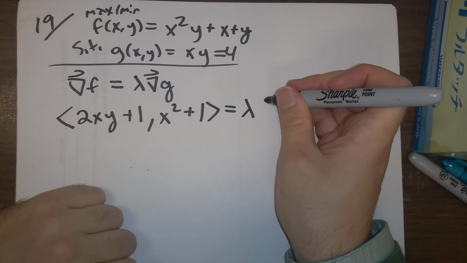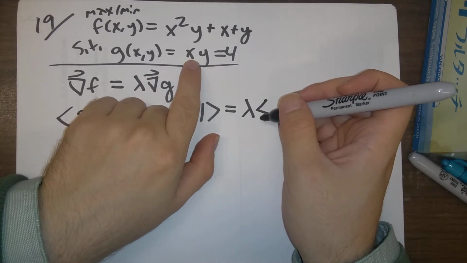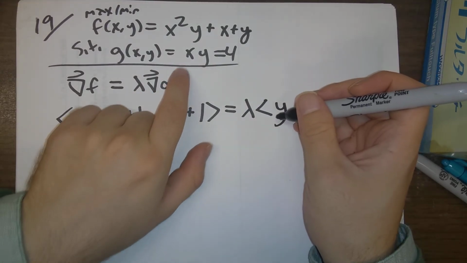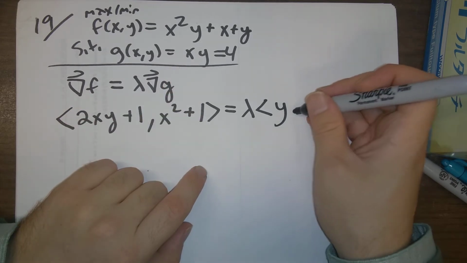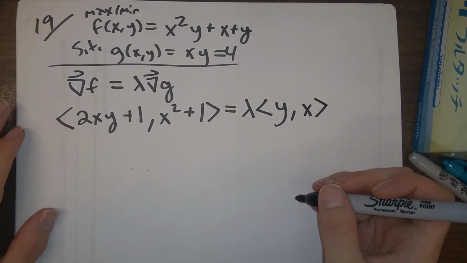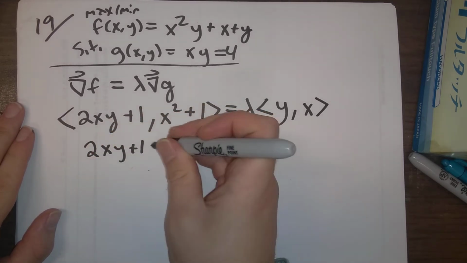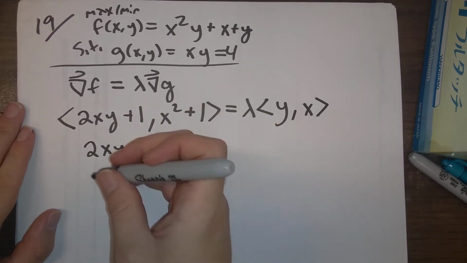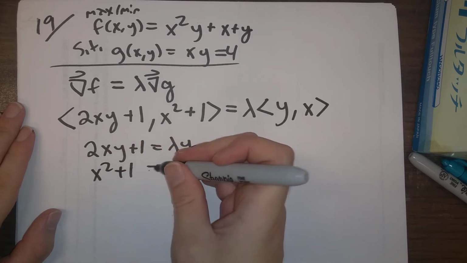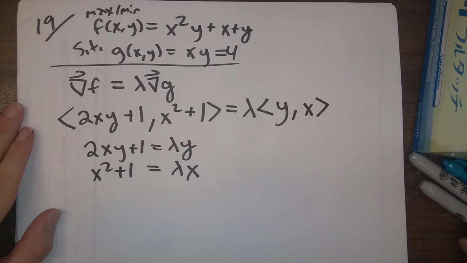And the gradient of g here: the partial derivative with respect to x is y, and the partial derivative with respect to y is x. So we've got our equations here, 2xy plus 1 is equal to lambda times y, x squared plus 1 is equal to lambda times x.